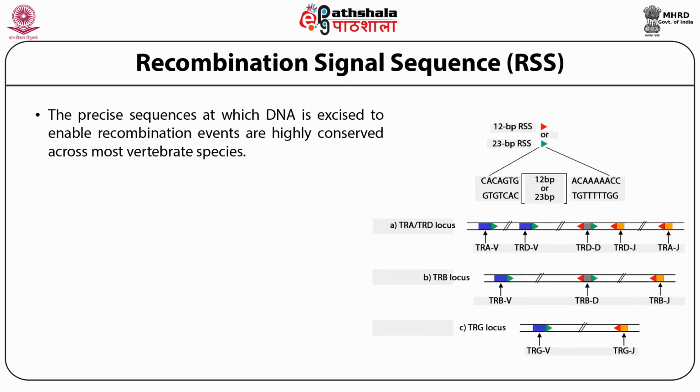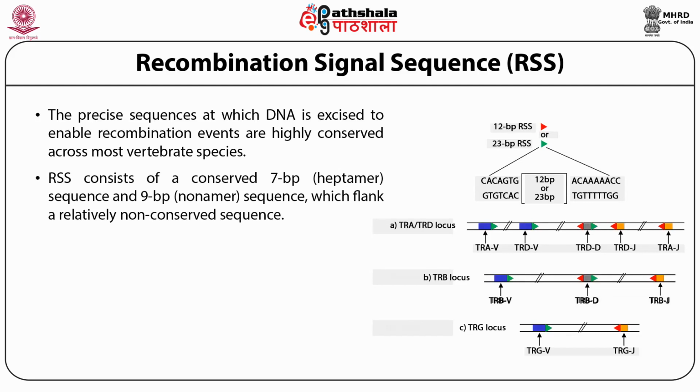As shown in the figure, an RSS consists of a conserved 7 base pair or heptamer sequence and a 9 base pair or nonamer sequence which flank a relatively non-conserved spacer sequence. Depending upon the length of the spacer sequence, an RSS can be either a 12 base pair RSS or a 23 base pair RSS. As their name suggests, a 12 base pair RSS contains a 12 base pair long spacer DNA, while a 23 base pair RSS contains a 23 base pair long spacer DNA.